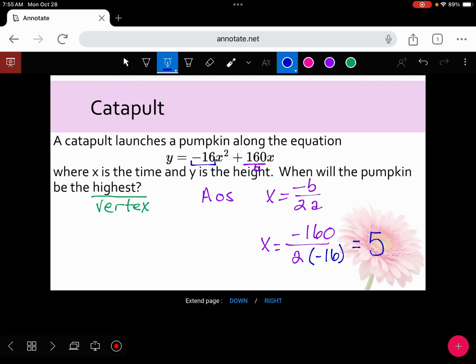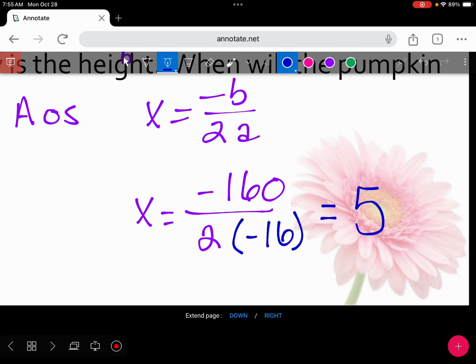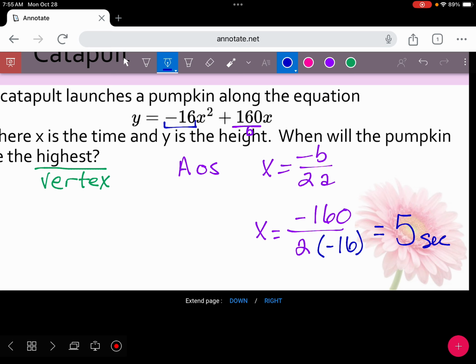By putting 5 in place of the x. So x is our time. So at 5, probably seconds, just from what we know about catapults and pumpkins and gravity, so we're going to call that seconds. That is a pretty decent pumpkin flight. And we could find out how high it goes. They didn't ask us to do that, but we could. All we cared about was when. It hits the highest at 5 seconds.